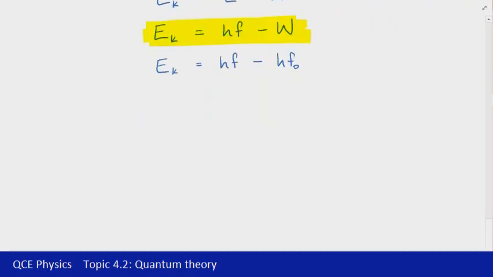Just to notate what each of those variables are, Ek is specifically the maximum kinetic energy. It's not necessarily going to be the case that all of the energy of every photon is transferred to the electrons that are ejected, but some will gain that maximum kinetic energy, and so we're only really looking at the maximum when we deal with this equation.